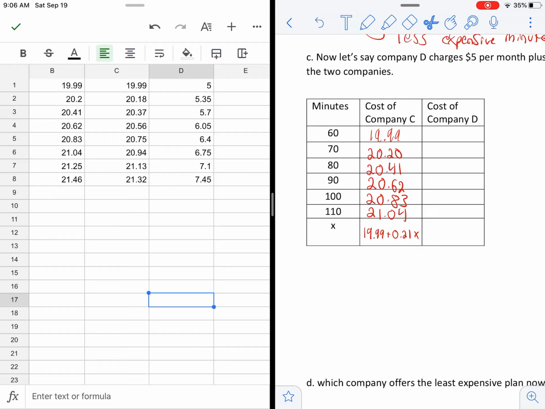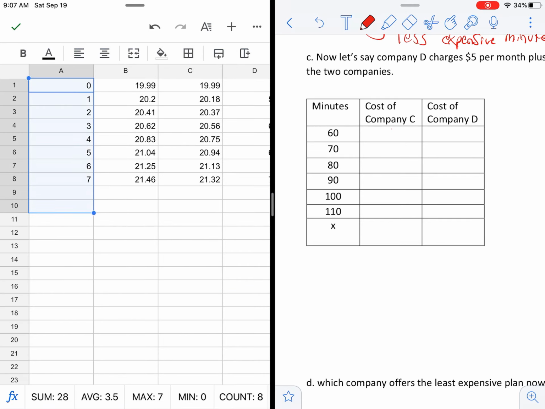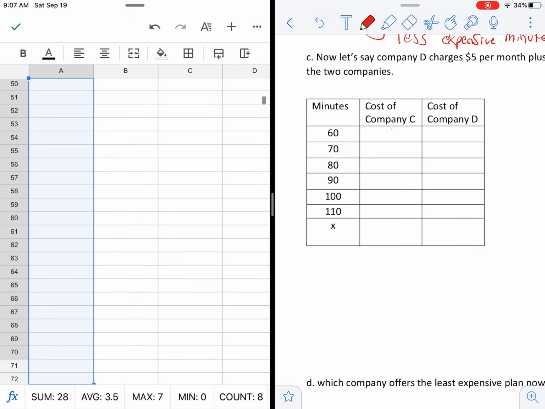Okay, company D. Oh, shoot. You know what? I've noticed that I made the same mistake a lot of other folks did in class. What happened here is that we start at a completely different minute amount, so I can't just copy and paste from that last table because that last table started at 0. At this one, we're up at 60. So what I'm going to do here is, I don't have a calculator in front of me, but I do have this spreadsheet.